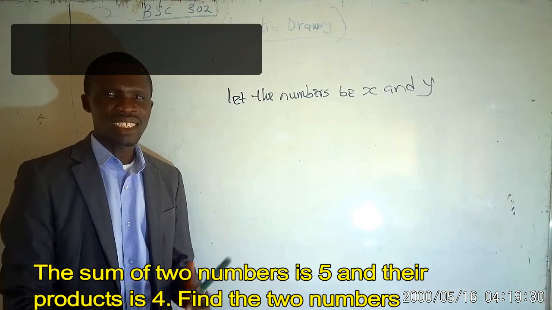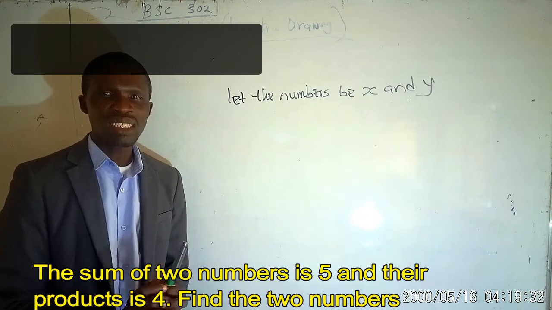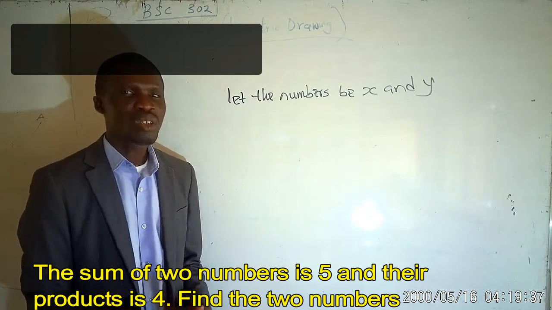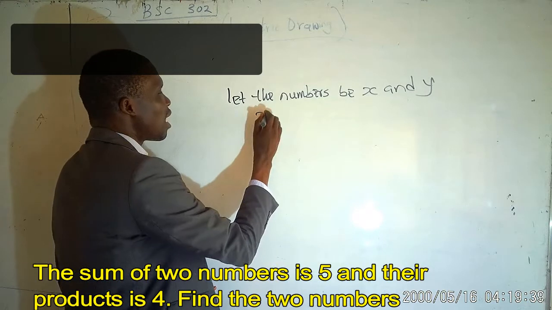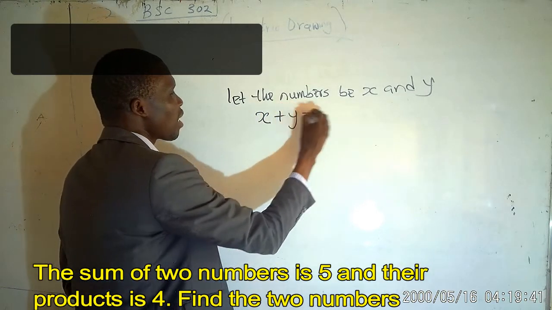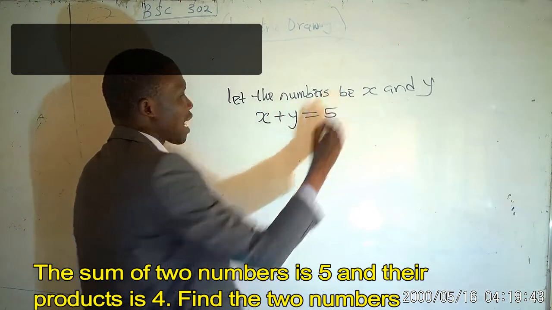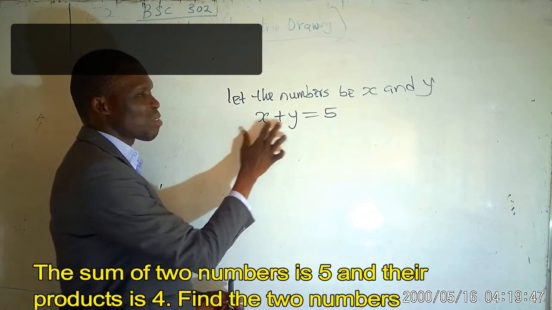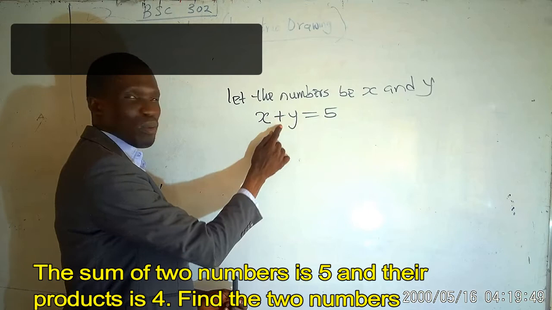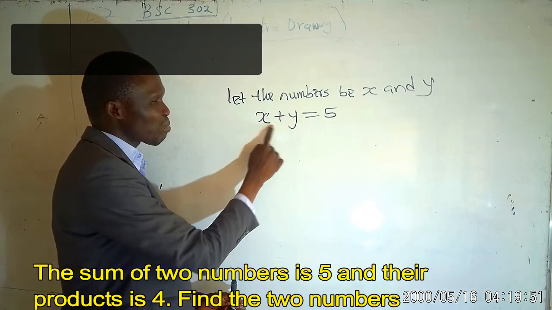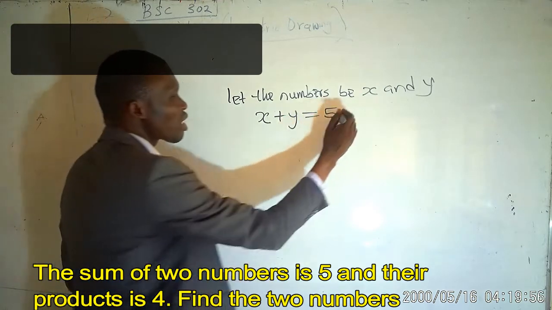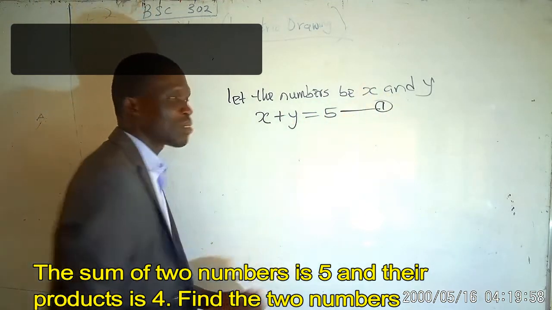You need to understand that statement. Sum means addition. Sum means what? Addition. So when you add the two numbers, x plus y, it will give you 5. That's what it's all about. X plus y, sum, addition. X plus y is 5. You call this equation 1.